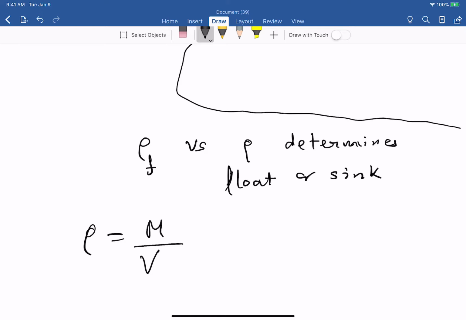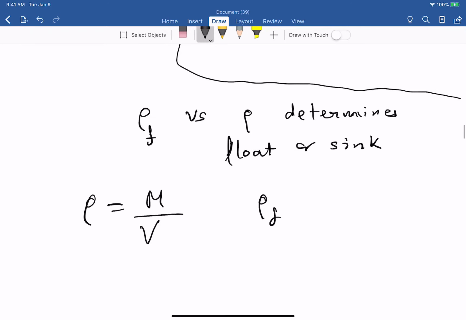So how this number compares with rho F, the density of the fluid, is what determines whether the object will float or sink. A ship or a boat is made into a shape such that its volume is very large.